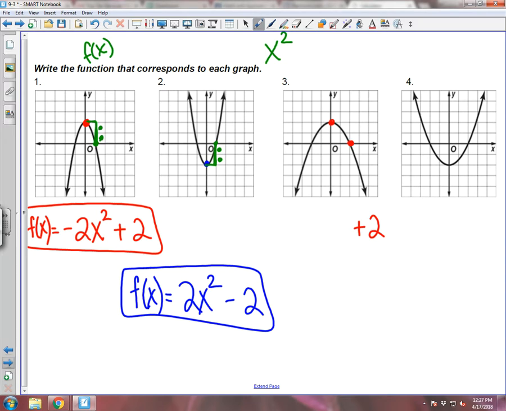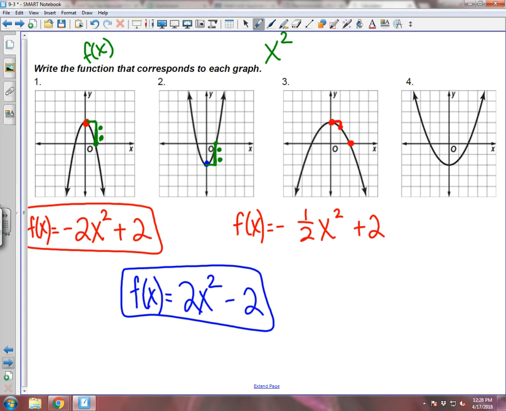If you look, this point right here is only a half a unit away from the vertex, and it's wider. So that means I need to put a half in front of my x squared term. And that's flipped upside down, so it's going to have a negative in front of it as well. So that would be my function.